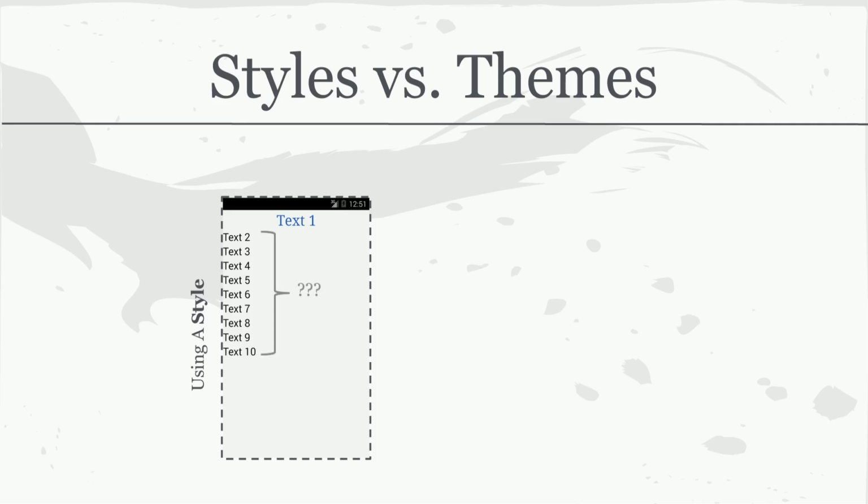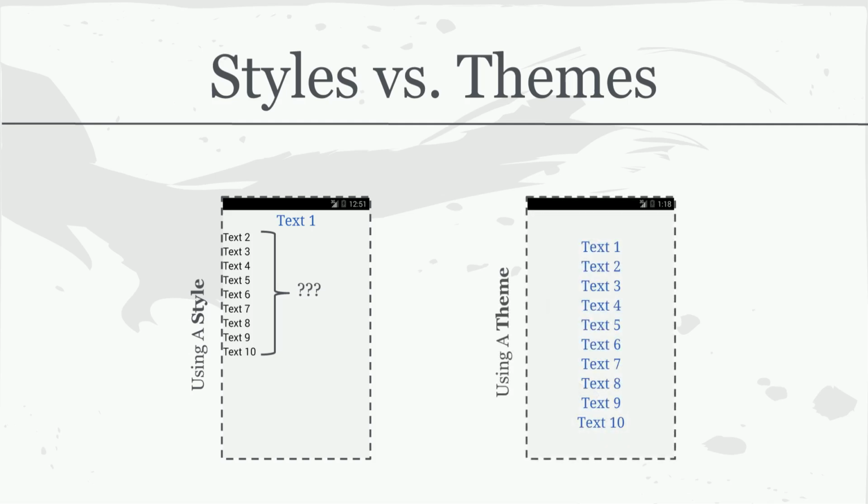But there's all these other text items on the screen that we want to customize to make it look like it aligns with the theme of the application. So in order to do that, we do use themes. We apply the style to the entire activity or the application itself, and all the style attributes that we've defined in that style will cascade to all the views and all the subviews of that activity that you've chosen.